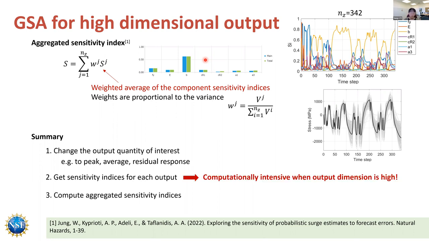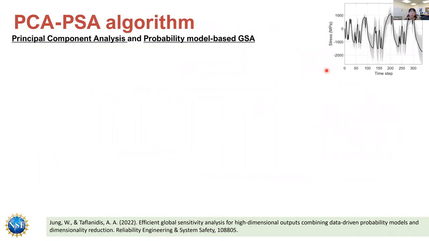In today's talk, I want to go more with the second approach, because running sensitivity analysis for each different output quantity of interest can be computationally intensive, especially when the output dimension is high. So there is an algorithm we implemented in quoFEM, which is called principal component analysis and probability model-based global sensitivity analysis.